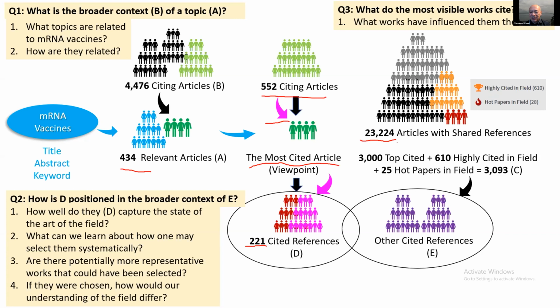So from this single seed paper, we can cast a net, and this net can catch over 23,000 other articles. Now this starts to go beyond our reachable time, the time we have to read 23,000 papers. How long would that take? We don't have that time.